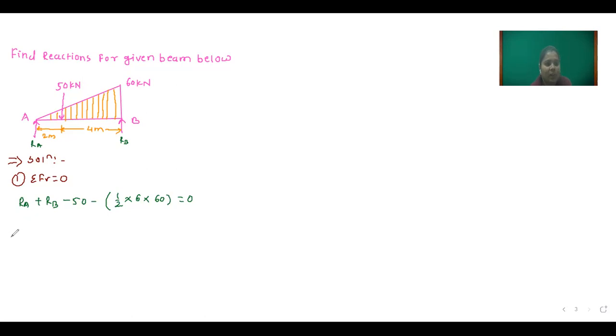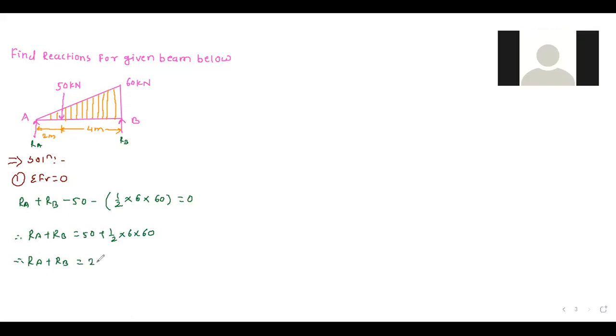Therefore, RA plus RB is equal to, we will shift this to the right side, 50 plus 1/2 into 6 into 60. So you calculate RA plus RB, which is equal to how much? 230 kilonewton.